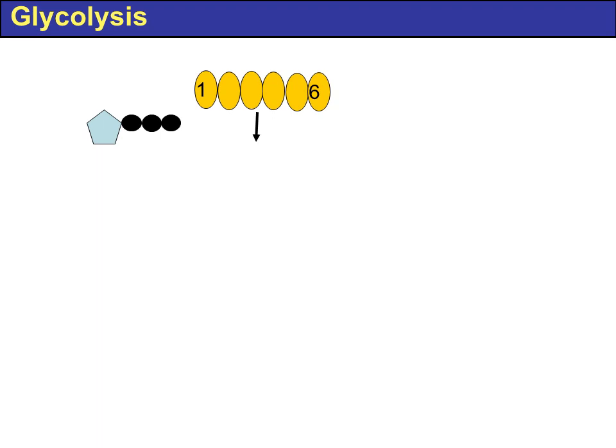Glucose has 6 carbon, so each circle represents a carbon. To the left of that 6-circle molecule, we have ATP. We have a pentagon-shaped structure with 3 little black circles. Each circle represents a phosphate group. So step 1 requires energy and requires a glucose molecule.